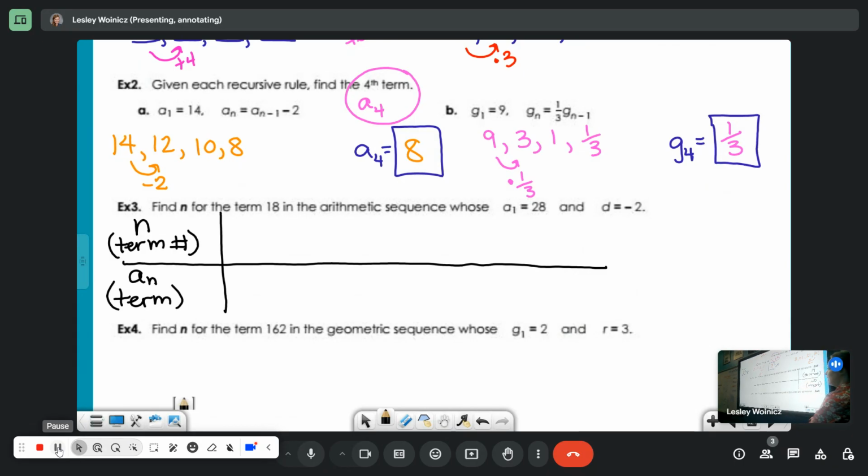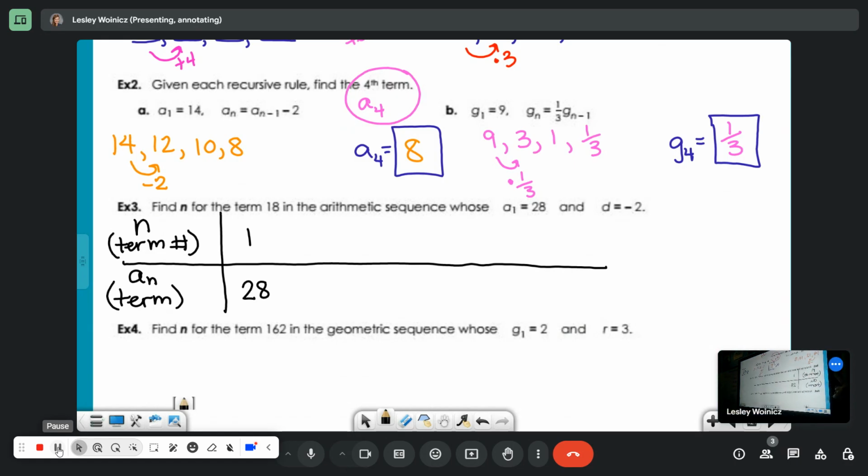Okay, so what is our first term? 28. So what is the n for 28? It's term 1. So its number n is 1.